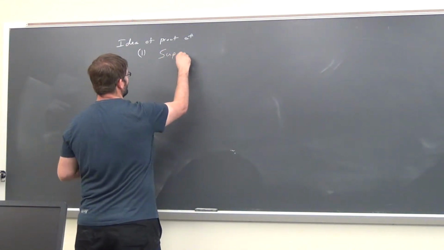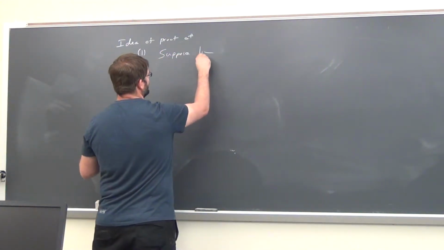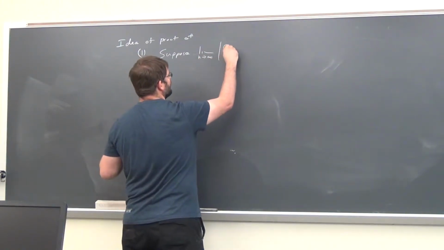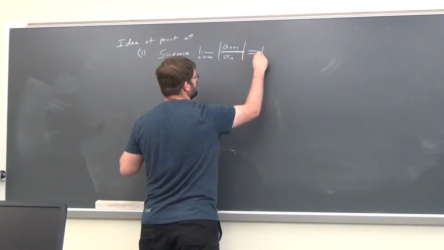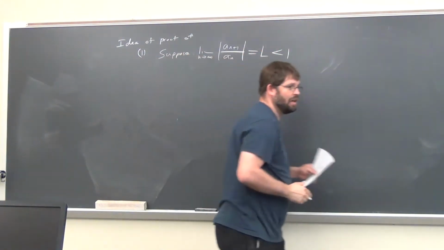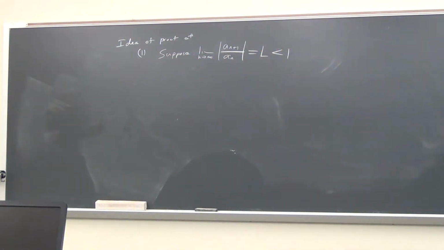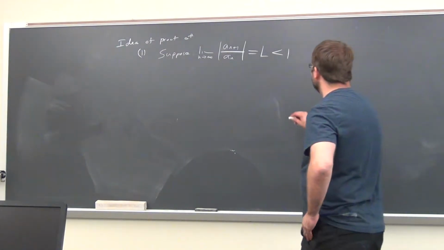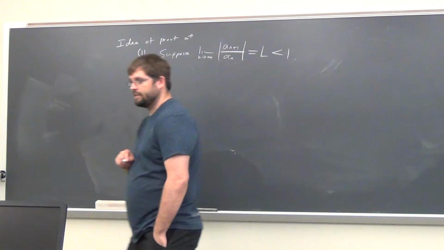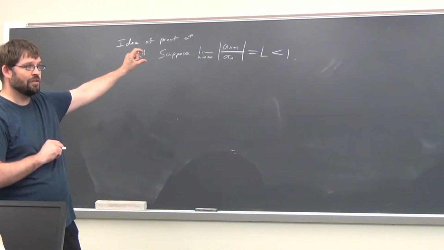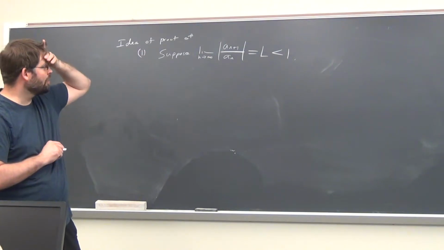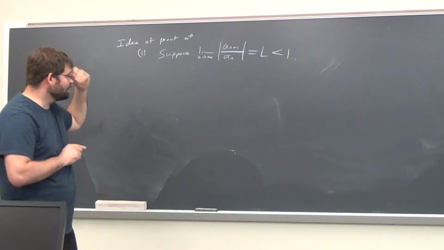Suppose the limit as n goes to infinity of this equals L, some L that's less than 1. So that's the assumption. You've got some series where the limit of the ratios of the n plus 1th term and the nth term is less than 1.